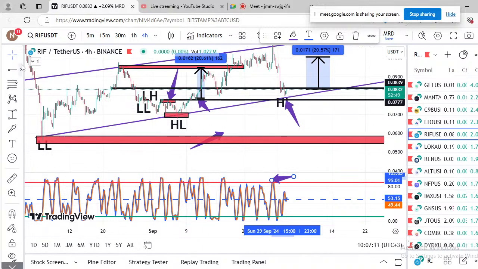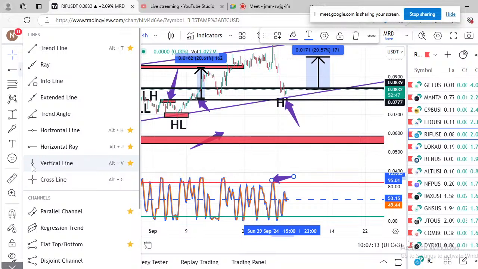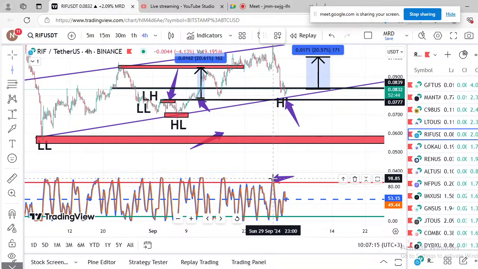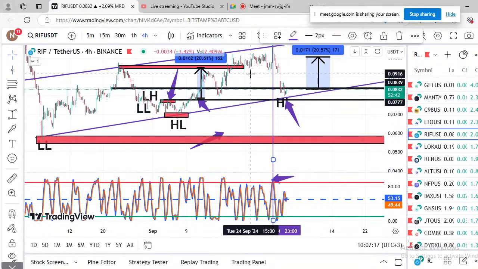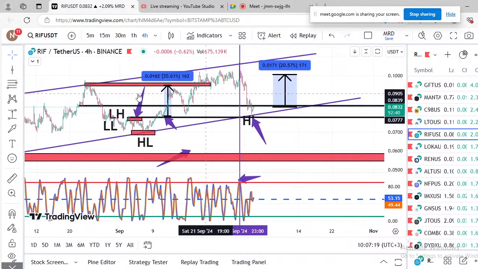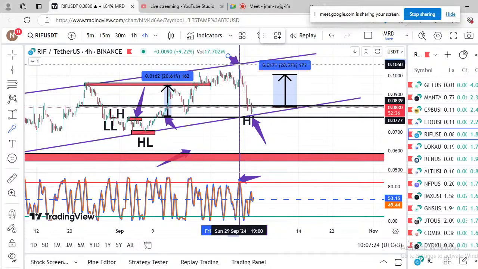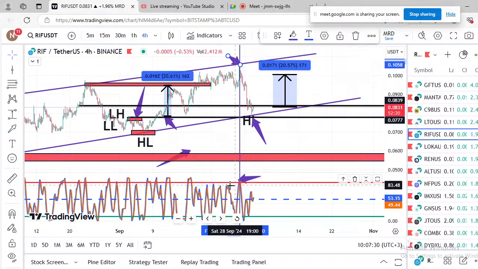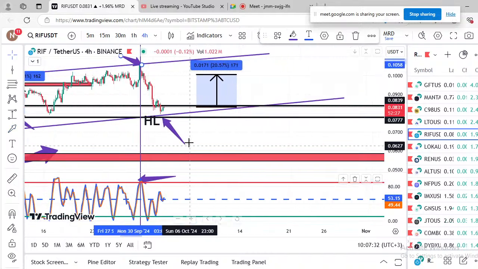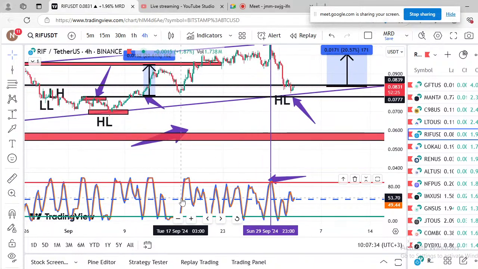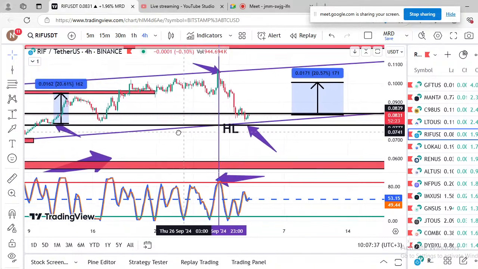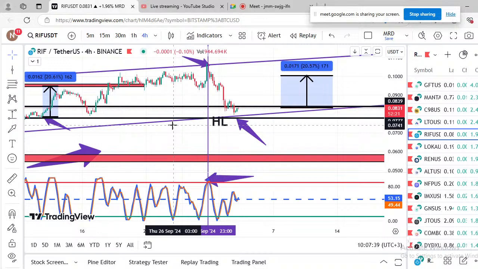When I put the line, they are at the same line. It was at the overbought region, and when you look at the top, it is also at the resistance level. Are we understanding that? Therefore, what was happening in the market was 100% right.